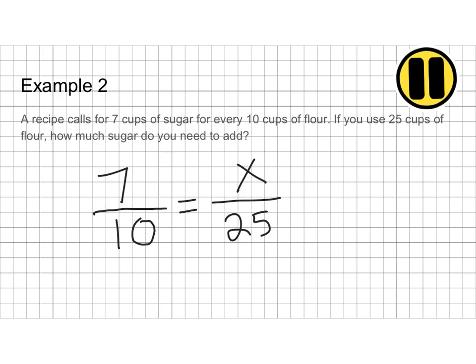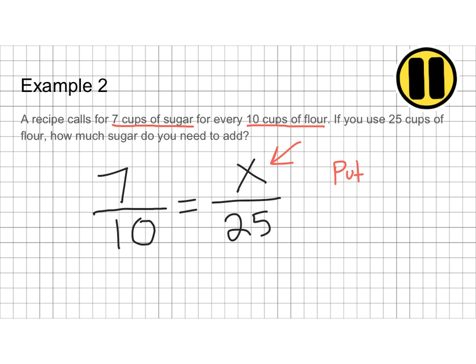So hopefully your work looks like this. It's really important to note that I put the sugar on the top, which means that this unknown amount is also on the top, and I put flour on the bottom for both. So I want you to write down, as you write down everything, that you always must make sure that your units match.